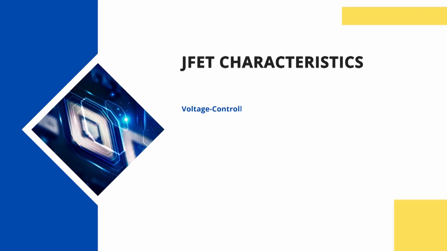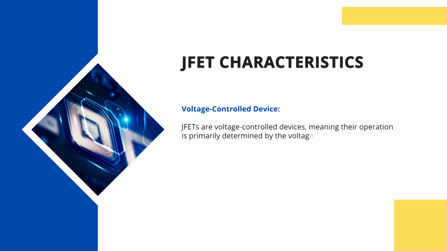Here are the key characteristics of JFETs. JFETs are voltage controlled devices. This means their operation is primarily dependent on the voltage applied at their gate terminal, as a JFET is affected by the electric field.